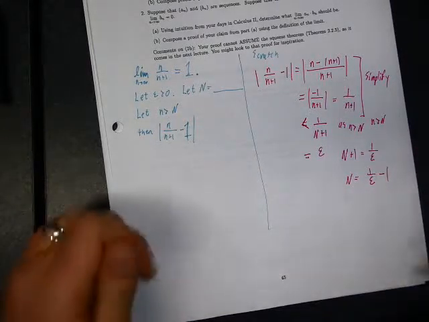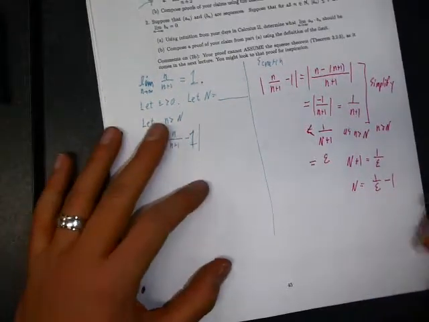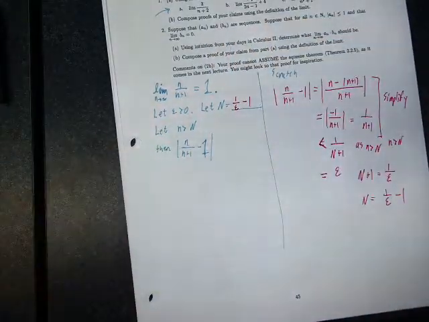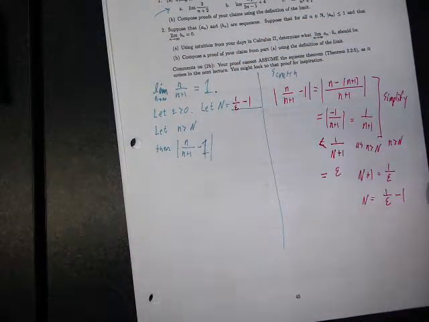And right, there's always more than one choice you can use, but this is the one that seems to be being handed to me. So let's let big N be 1 over epsilon minus 1.